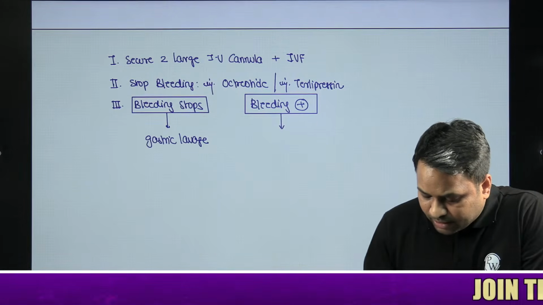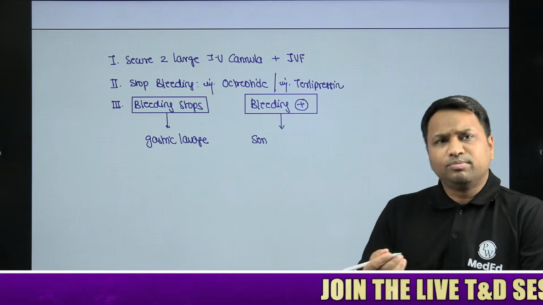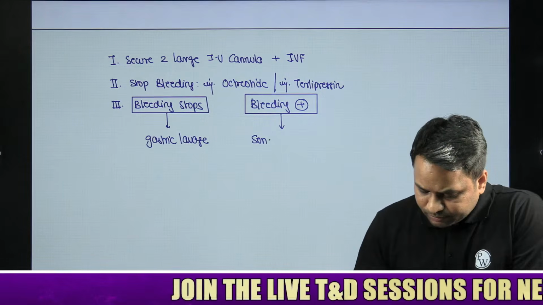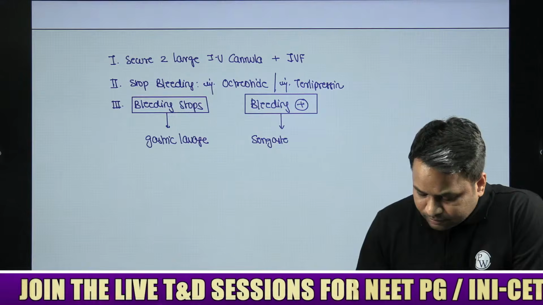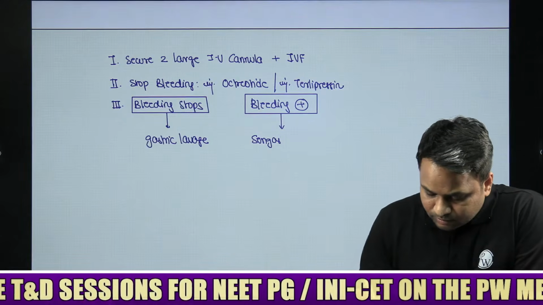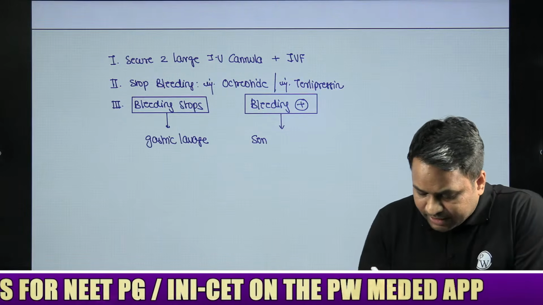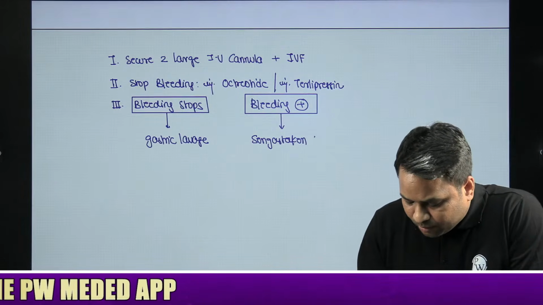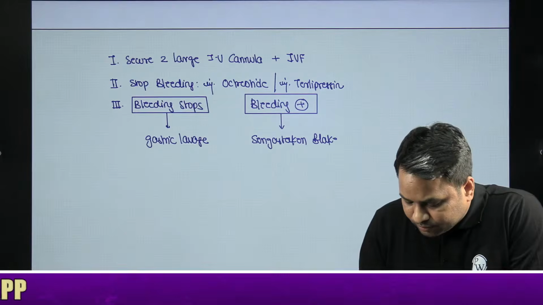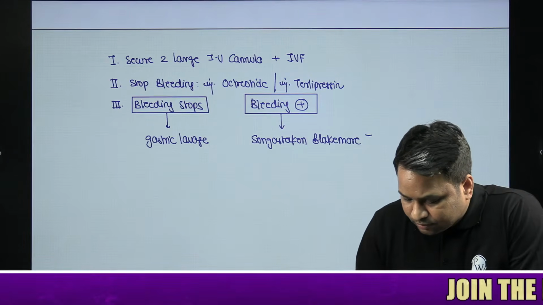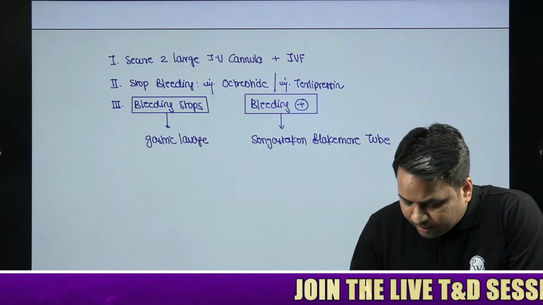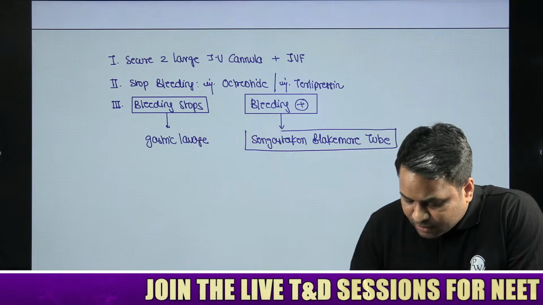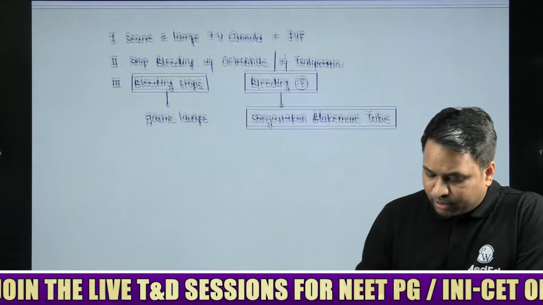If the bleeding still persists, then I will do a Sengstaken-Blakemore tube. That is a balloon tamponade with the tubes. This SBT tube will stop the bleeding. There are 2 balloons in it.